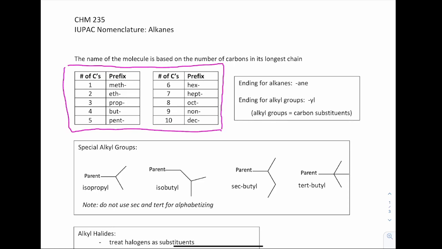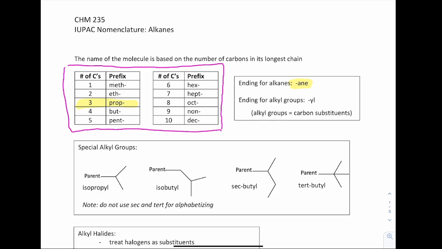So when we're naming an alkane, it's going to end in A-N-E. So methane is a 1 carbon alkane, right? Meth is 1, ane means it's an alkane. Propane, right? Prop is 3, is a 3 carbon alkane. If I had propanol, I have a 3 carbon alcohol.